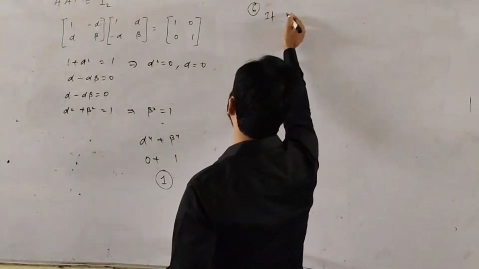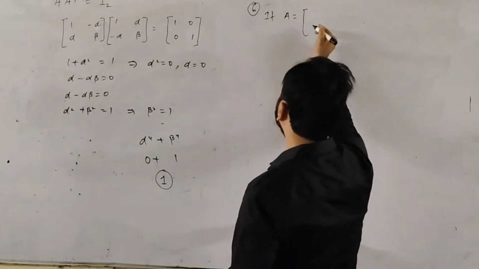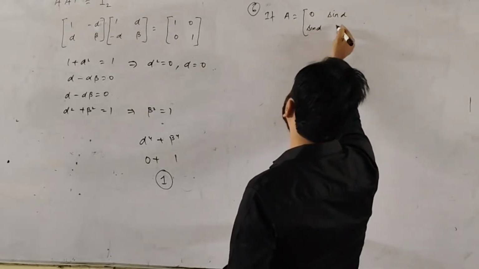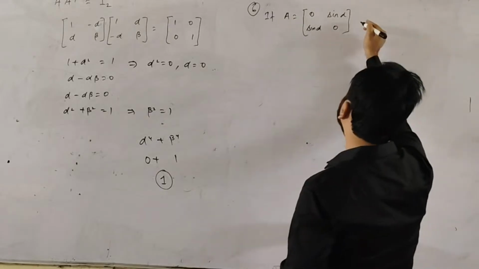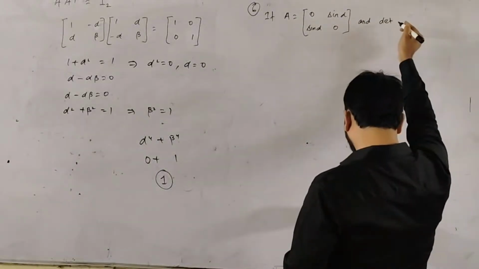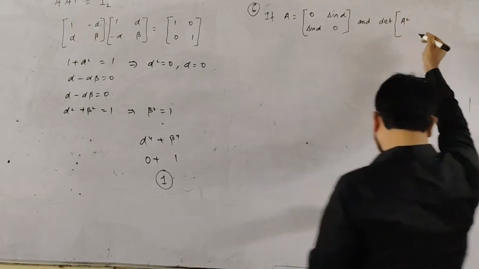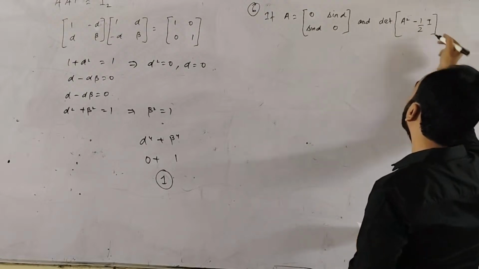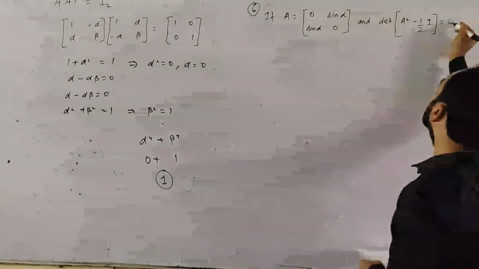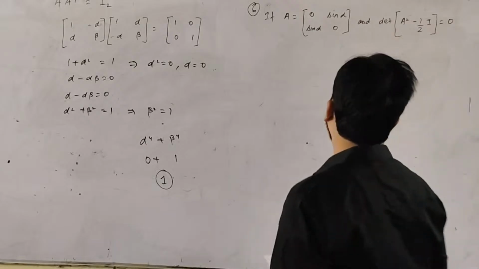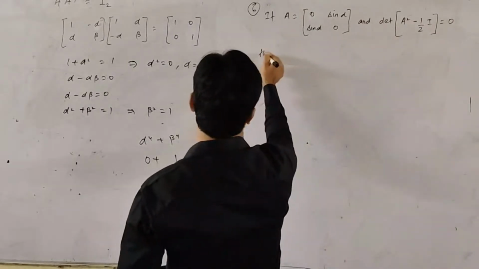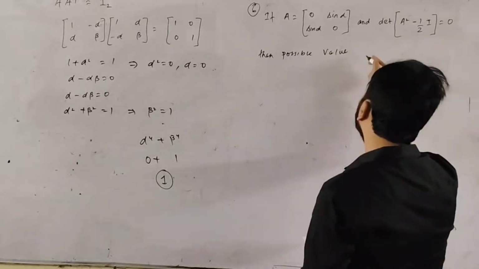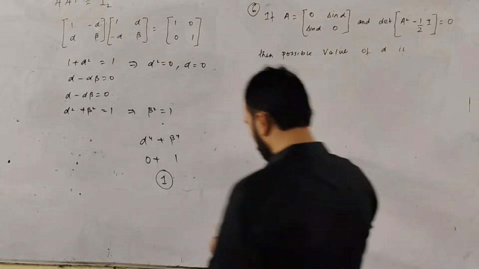If A is equal to [[0, sine alpha], [sine alpha, 0]] and det of A square minus half I is equal to 0, then what are the possible values of alpha?